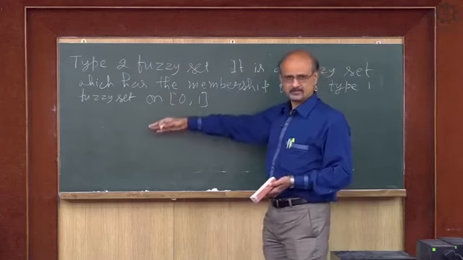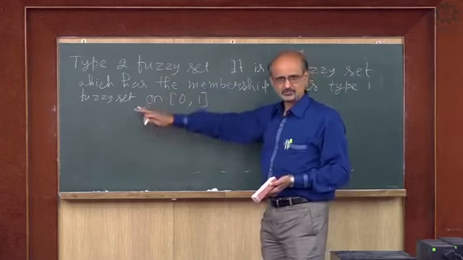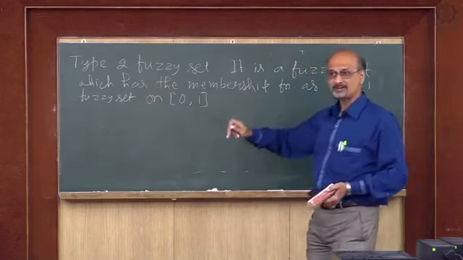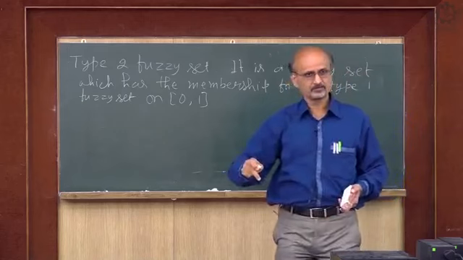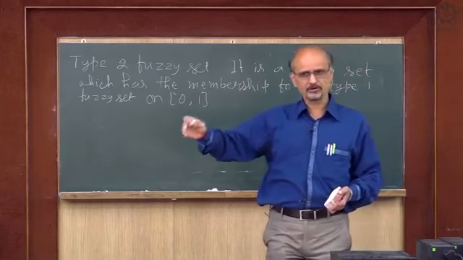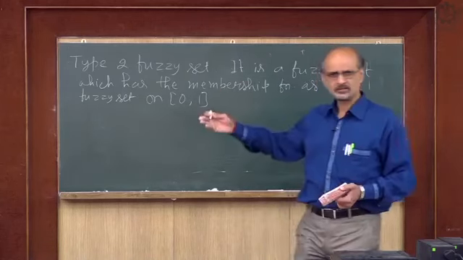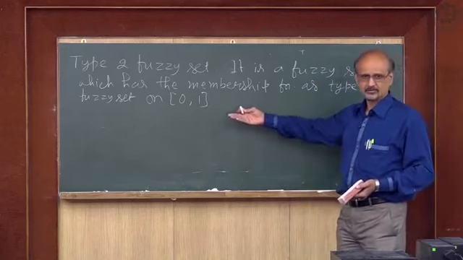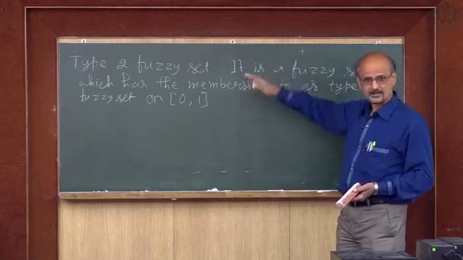Similarly, I can generalize to type 3, type 4 fuzzy sets. But the operators that we have defined, the minimum operator, union, intersection, complement, cannot be followed by the earlier definitions.